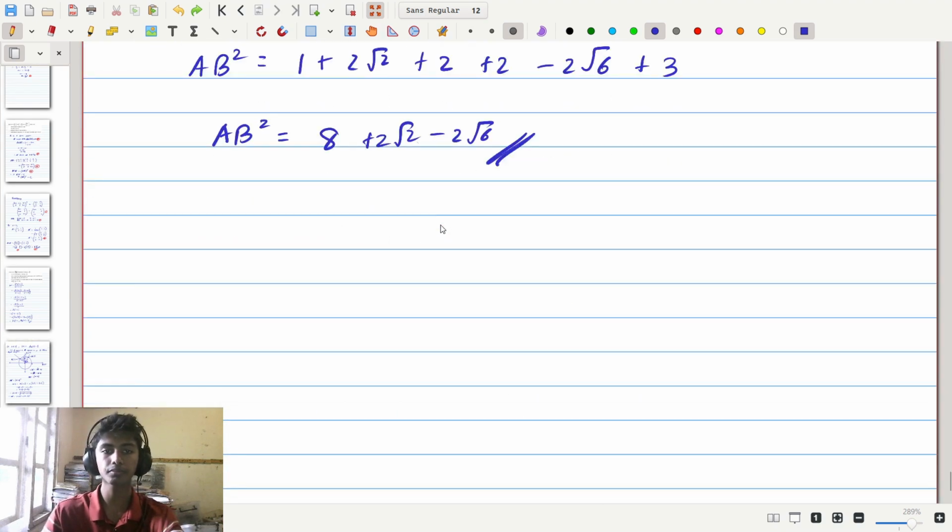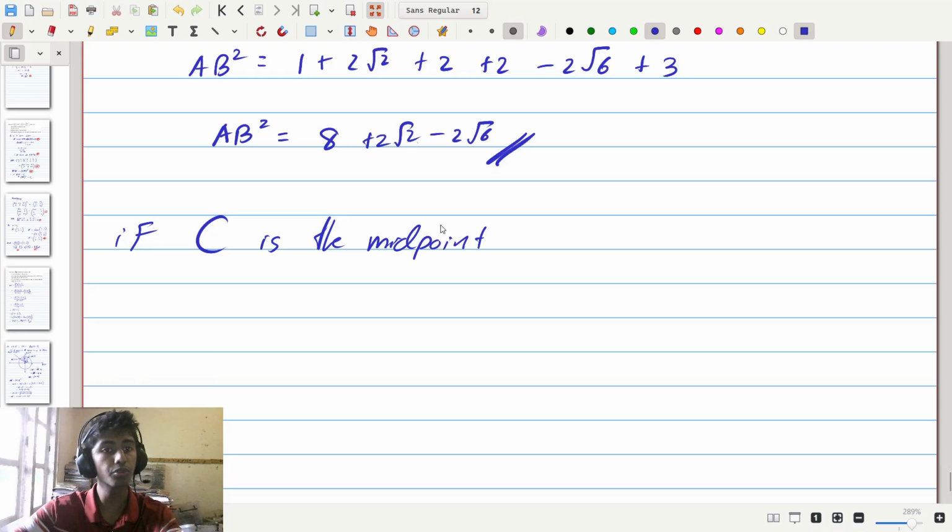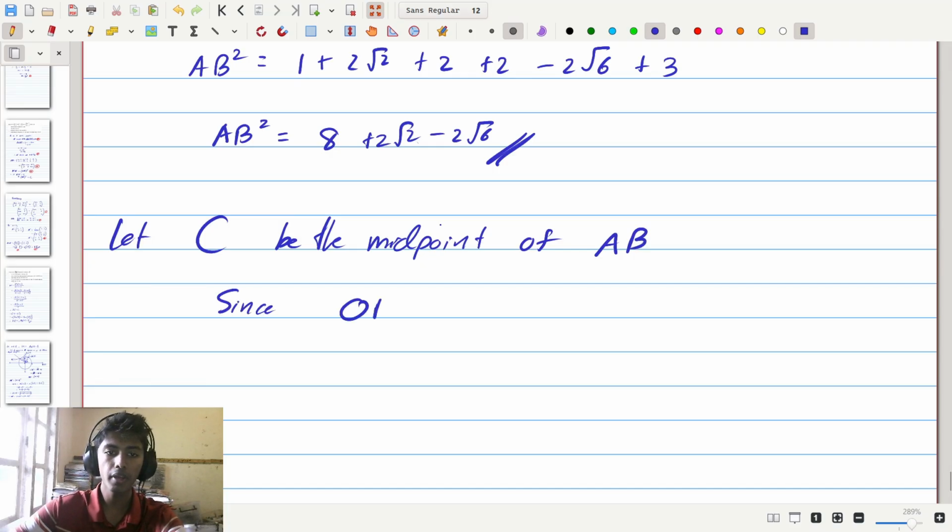So if we go down, let C be the midpoint of AB, and then we can say since OA is equal to OB, which is equal to 2, we can say that first off, the angle COB is equal to the angle COA, which is equal to theta.